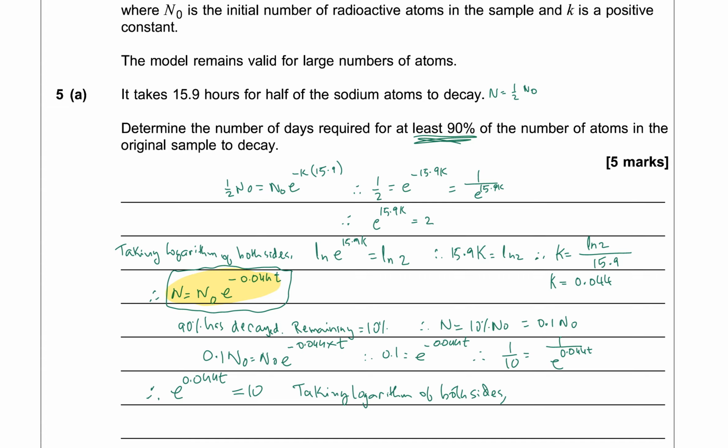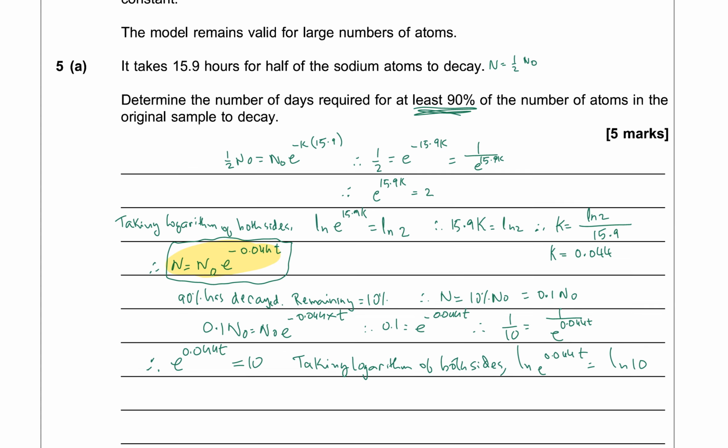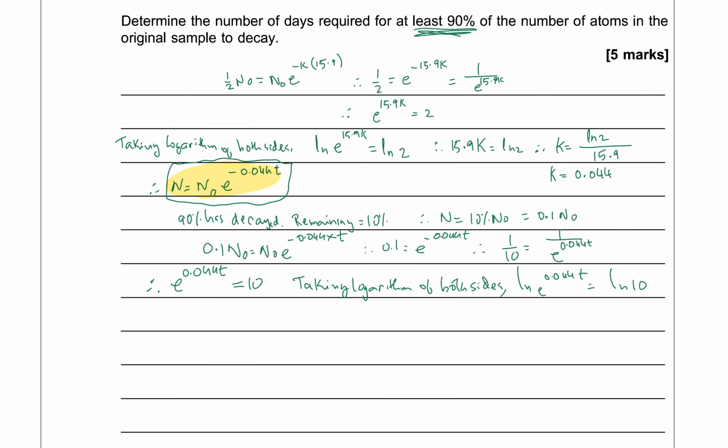Log to the base e of e is 1, so 0.044t is ln 10. Therefore t is equal to ln 10 over 0.044, and that will give me 52.33 hours.